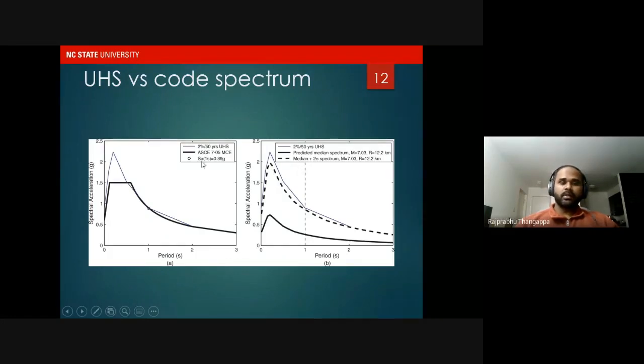But when you see the ASCE 7 maximum considered earthquake spectrum, the impact of soil is already inbuilt in the attenuation models. So based on the probability of occurrence of earthquakes at a particular site, the impact of different soils has already been taken into account.